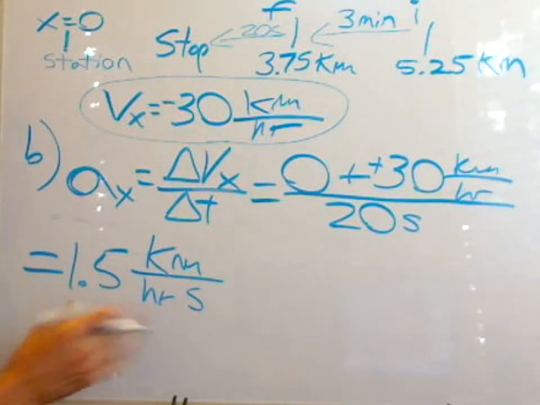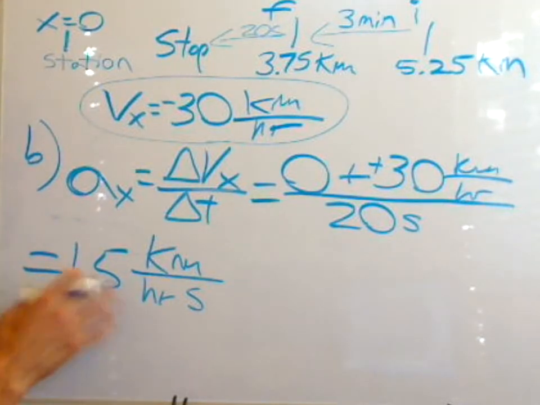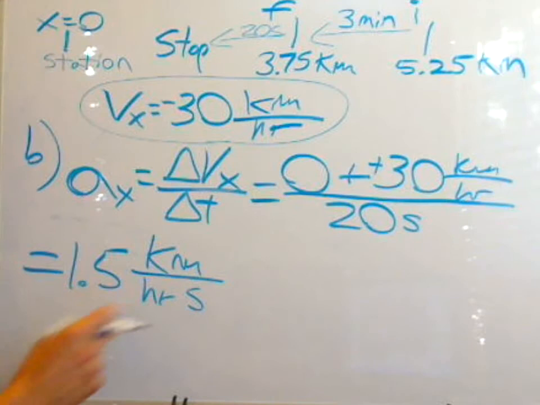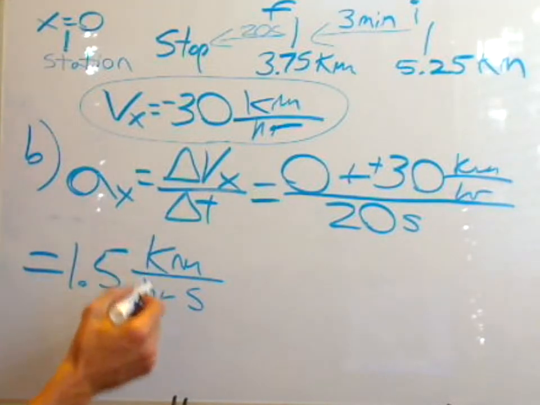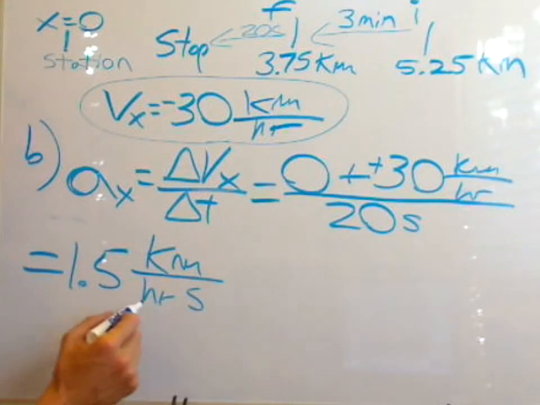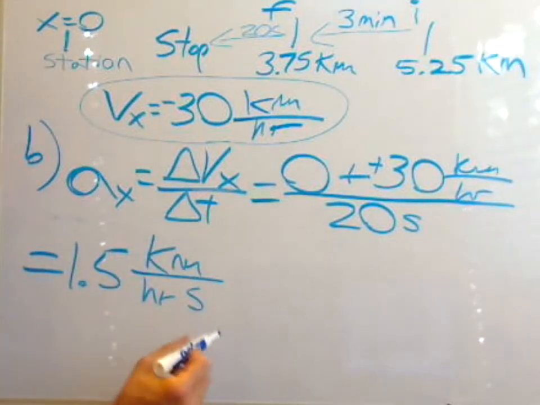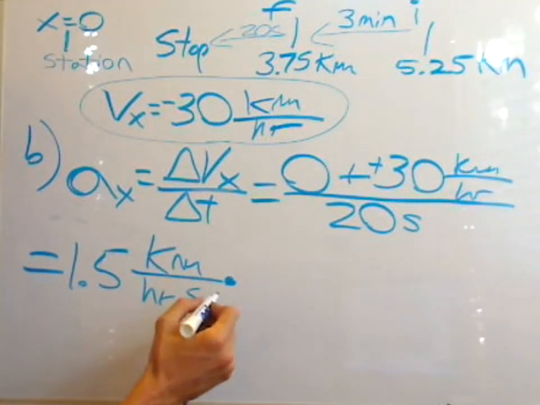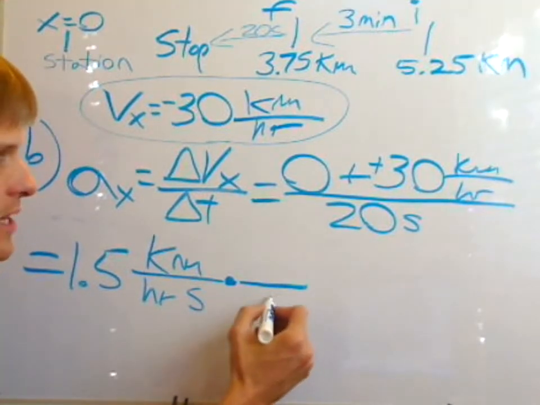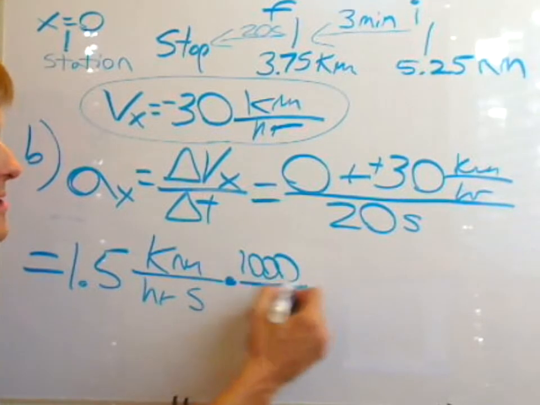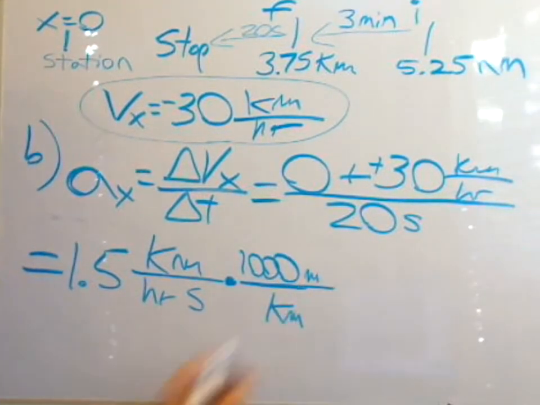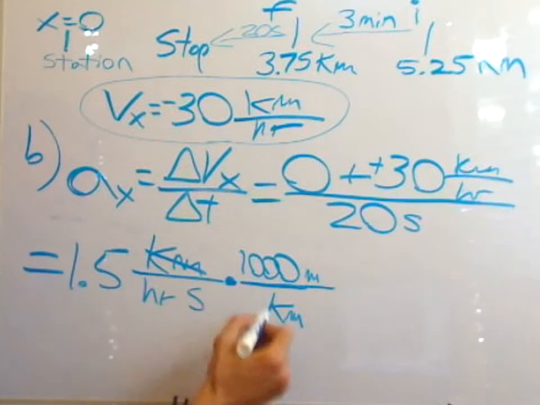I mean, it's acceptable. This is the answer in terms of kilometers per hour per second, but we want to have it in a more meaningful unit. So let's convert it to our standard meters per second squared units for acceleration. To do that, we need to get kilometers to meters and hours to seconds. Let's first do the kilometer conversion. There are 1,000 meters in 1 kilometer, so the kilometers will cancel out.